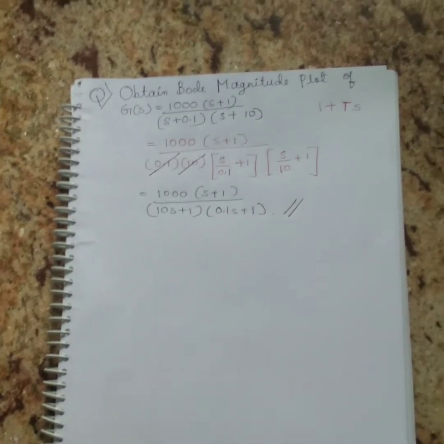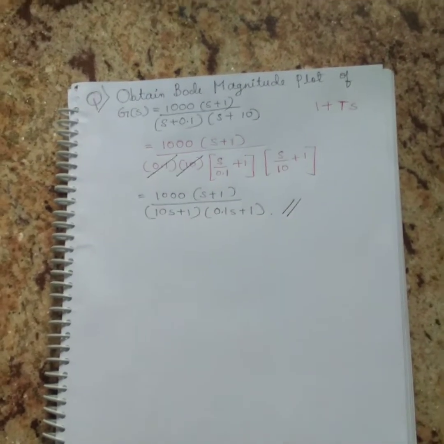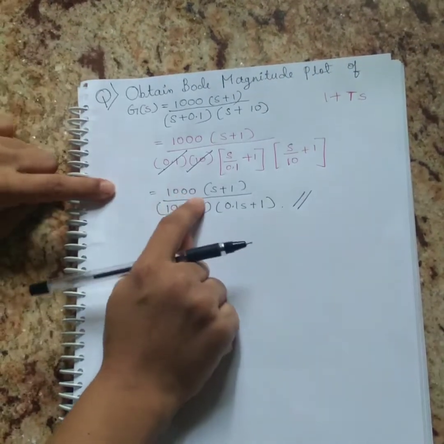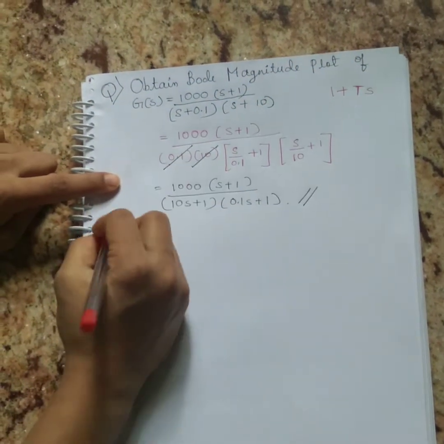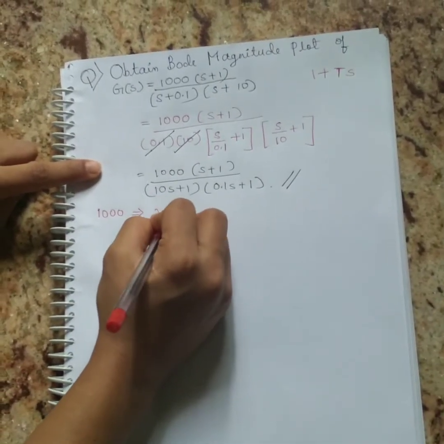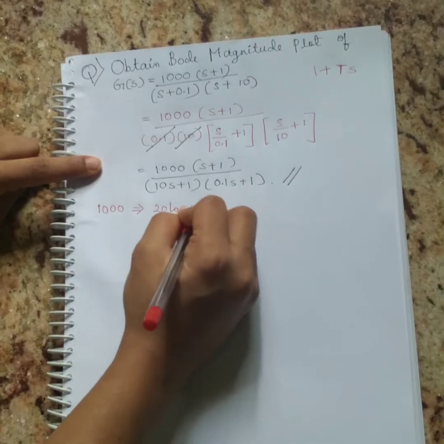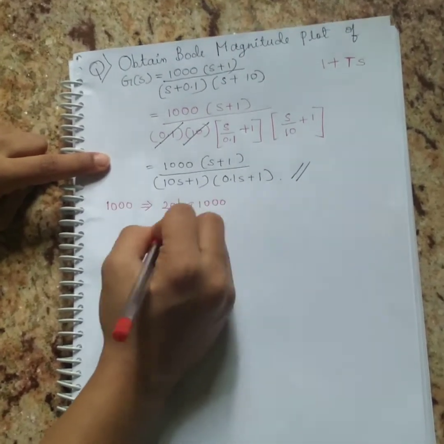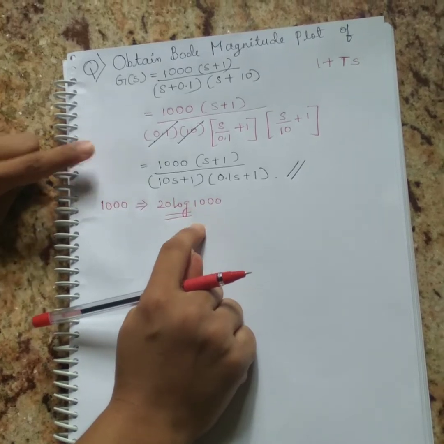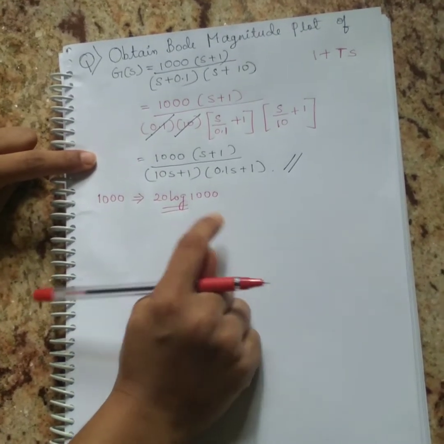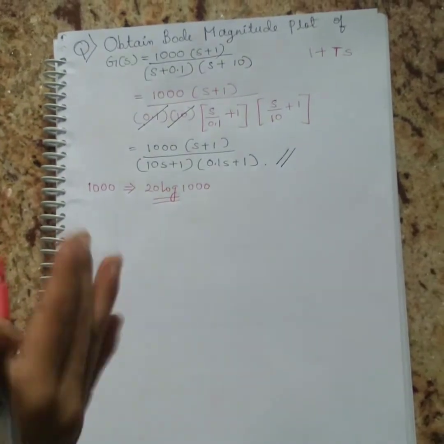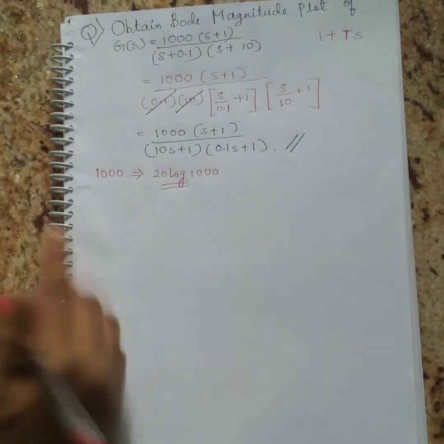Next part is we have to draw the Bode plot. For drawing the Bode plot, here we have some magnitude, that is 1000, right? How can we express this? We can express this in the form of 20 log 1000. Why am I converting this? Because we need this in the form of decibels, so we take it in the log magnitude scale.